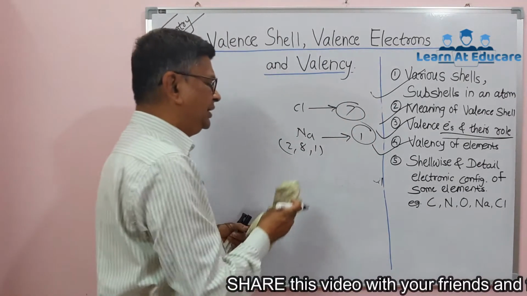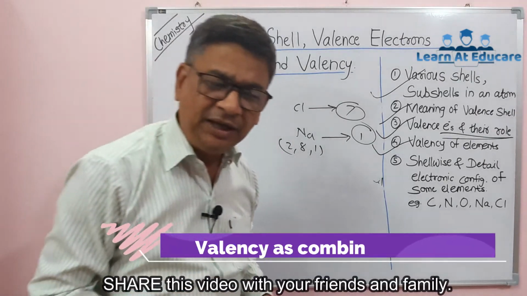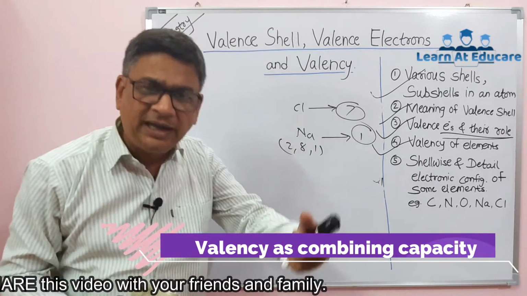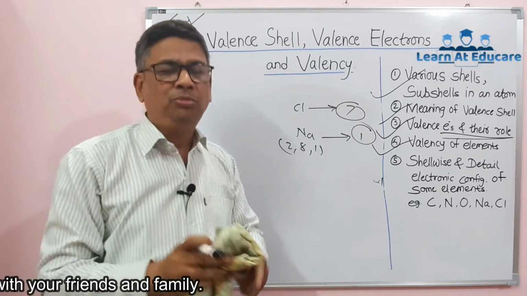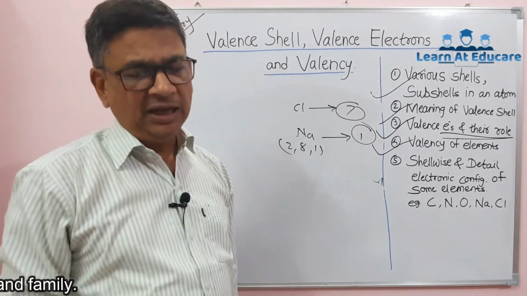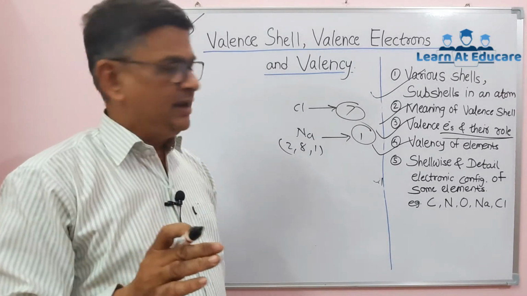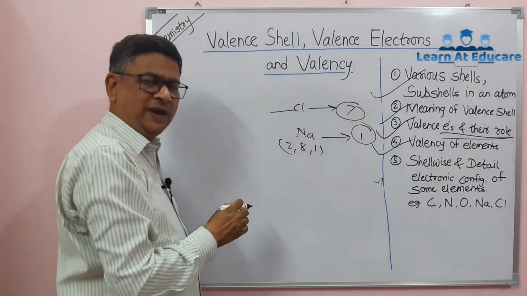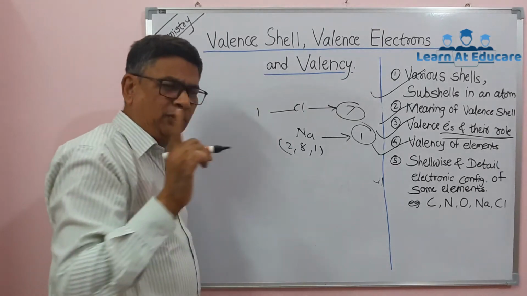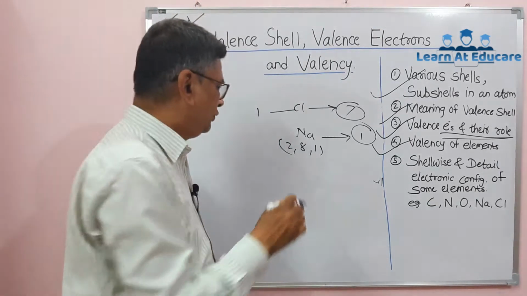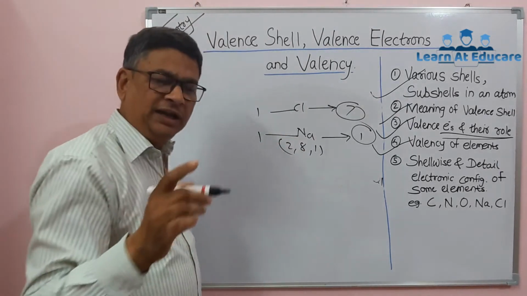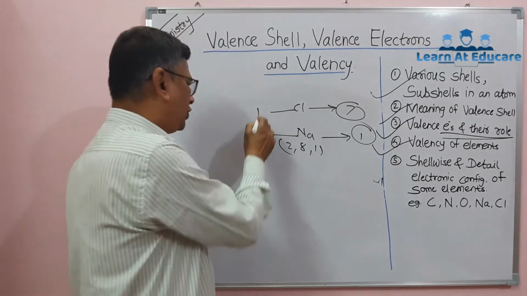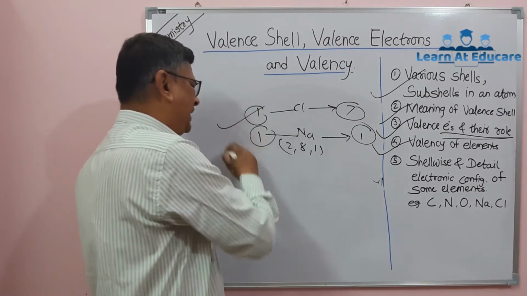Valency, as we know, is the combining capacity: how many electrons are donated, accepted or shared for the formation of a chemical bond. That number is valency. As you see here, chlorine has 7 valence electrons and is just 1 electron short of completing the octet, while sodium has 1 electron in the outermost shell. Therefore both sodium and chlorine have valency 1.